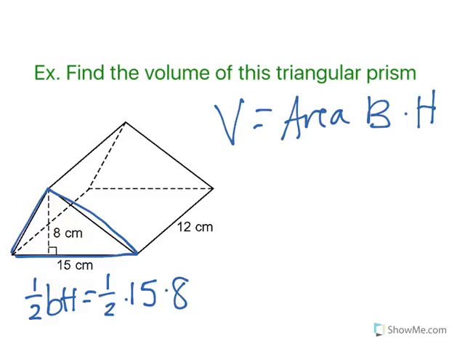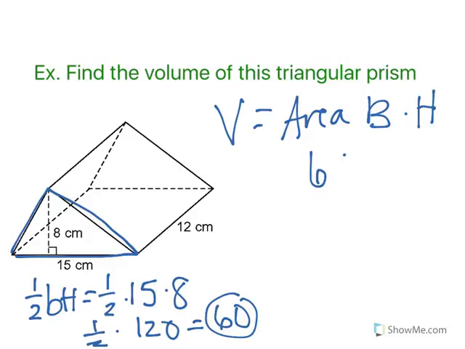Okay, so what I like to do is do the whole numbers first and then multiply it by half or cut it in 2. So 15 times 8 is 120. And then 1/2 of 120 is going to be 60. So I know the area of the base is 60.